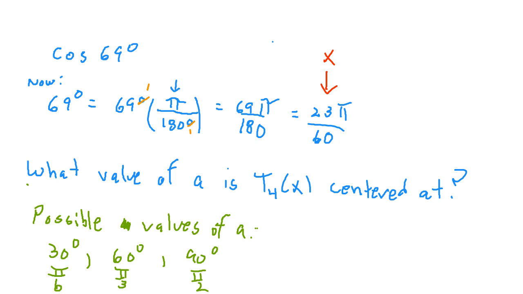You notice we're picking nice values of A that we can evaluate the cosine and its derivatives at nicely. I gave you three values of A, and one of them is going to be best.